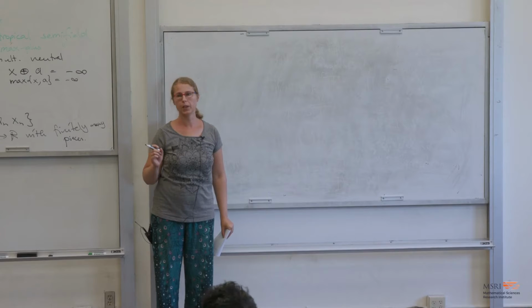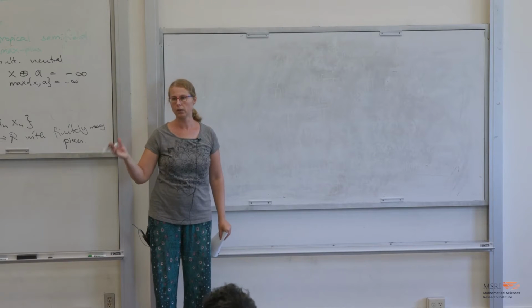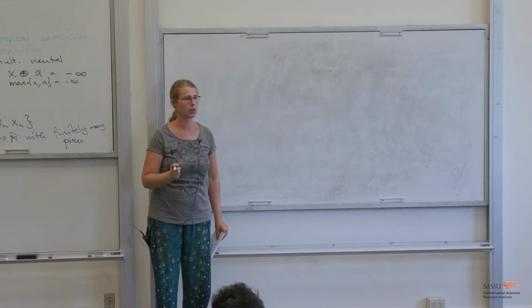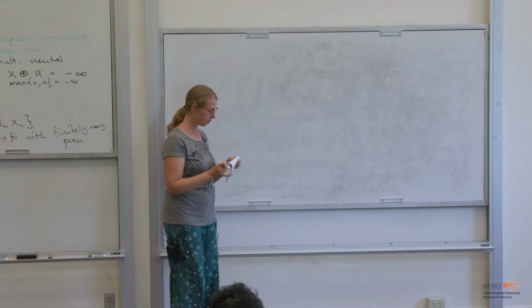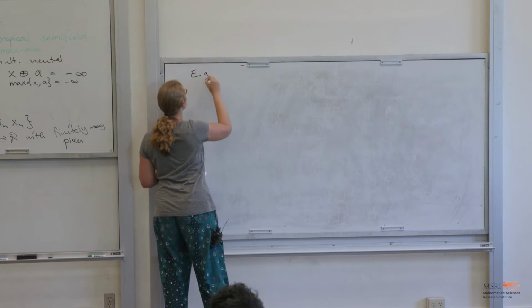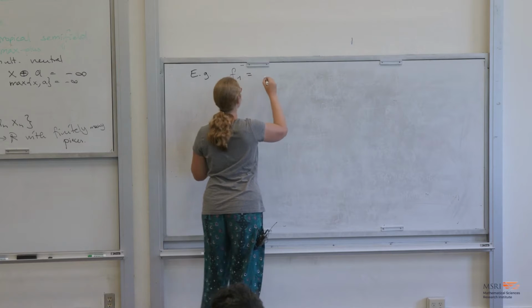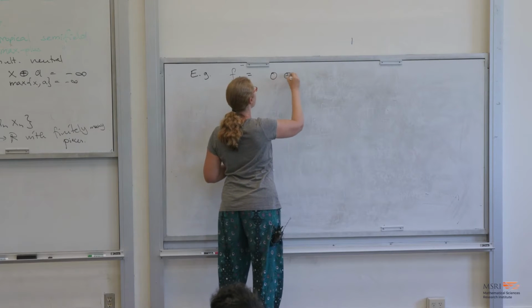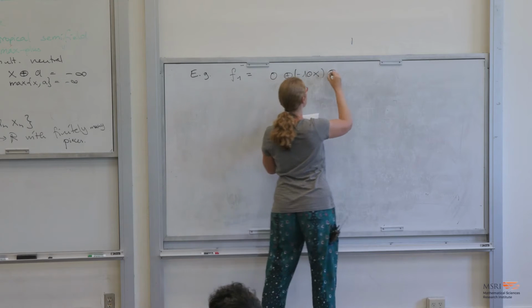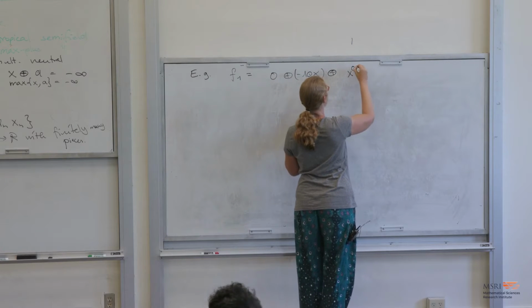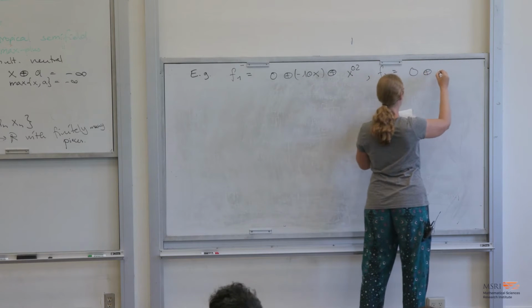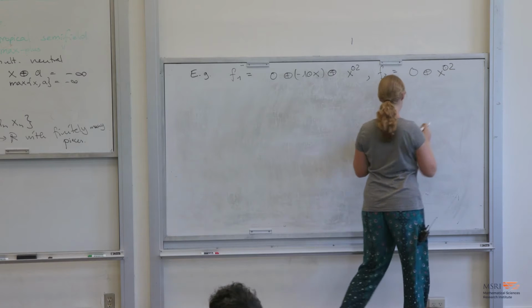If you have a field with infinite elements, for usual polynomials, this is the case, so we can usually identify a polynomial function with a polynomial, but this is not true in the tropical world. So, for example, if we consider this polynomial 0 plus minus 1 times x plus x squared, and the polynomial 0 plus x squared, then what is happening?